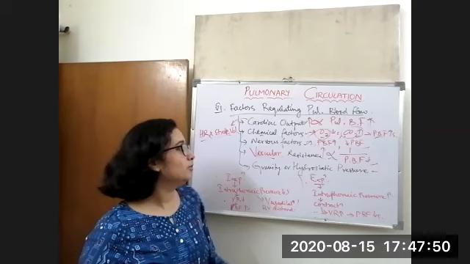Now, what happens in the mid portion? In the mid portion, during systole the pressure will increase and during diastole the pressure will decrease. Okay, so it depends on our blood pressure. The pressure here is less than the systolic blood pressure, but it is more than the diastolic blood pressure.